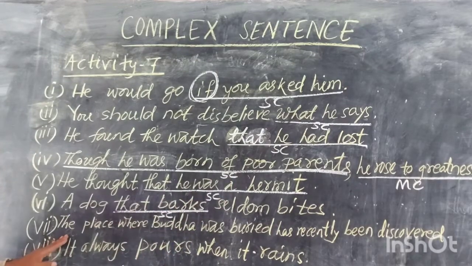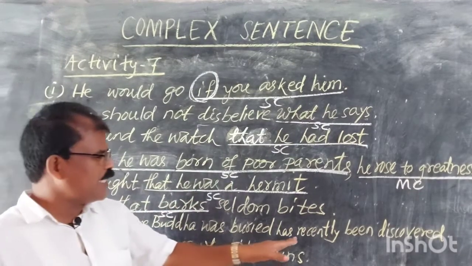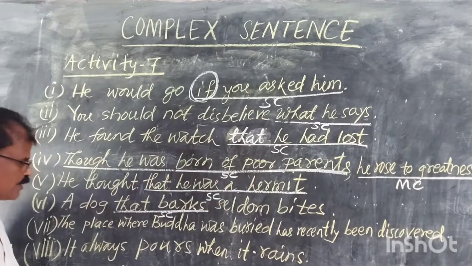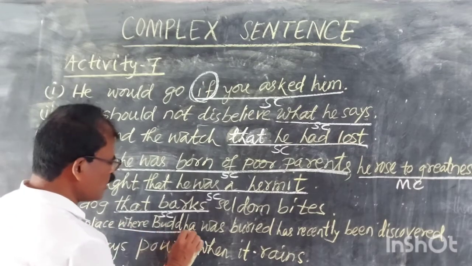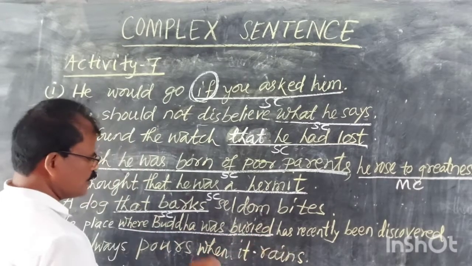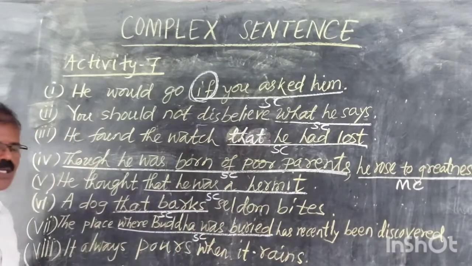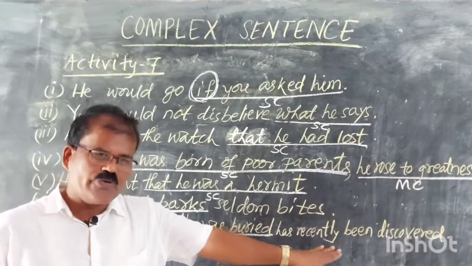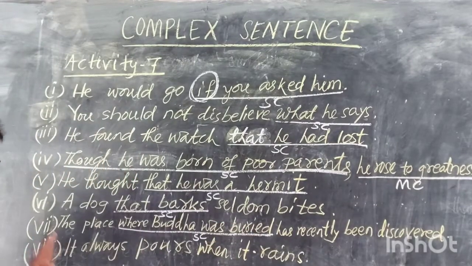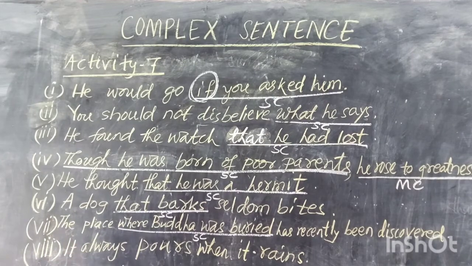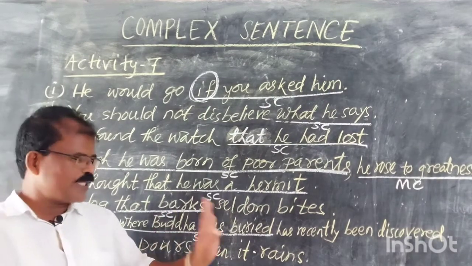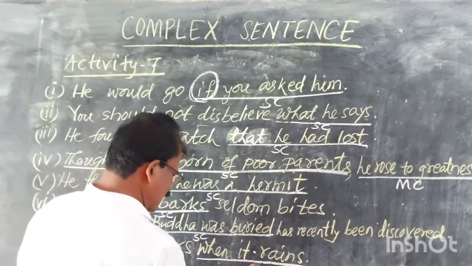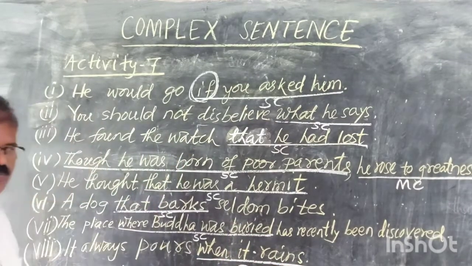Okay. The place where Buddha was buried has recently been discovered. Yes? Yes. Where Buddha was buried. This much is subordinate. And this part is the main clause and this is another part of the main clause. Next. It always pours when it rains. Yes. When it rains is the subordinate clause.